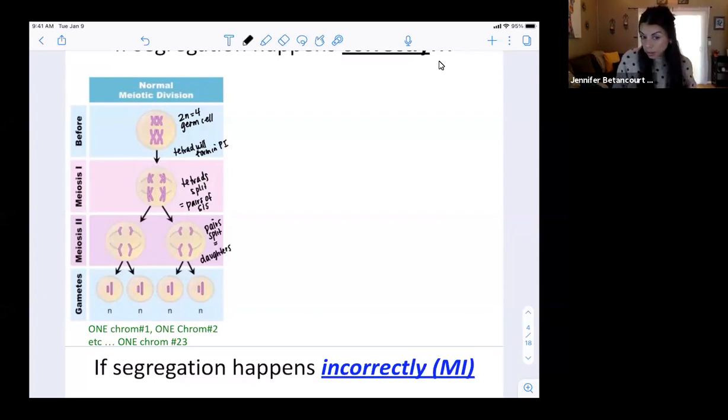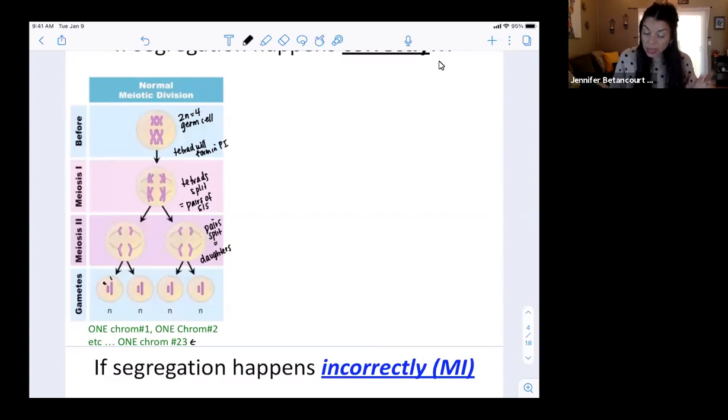And those, after telophase and cytokinesis 2, end up going into gametes, where every single gamete has one chromosome number 1 and one chromosome number 2. Every single one of them, but they are not identical. If it was human, you'd also have one chromosome number 3, one chromosome number 4, up to one chromosome 23. Normal meiotic division, gametes.